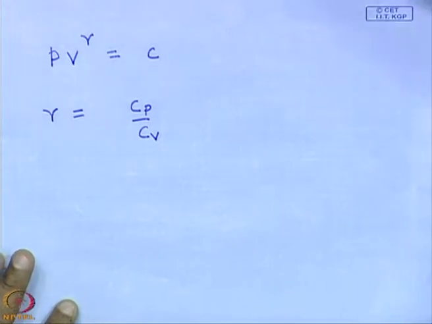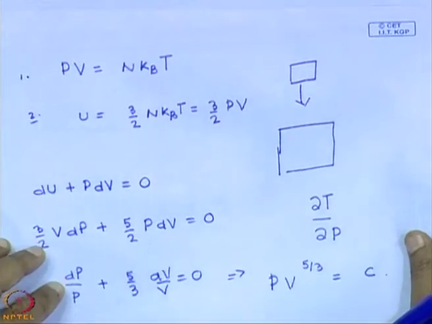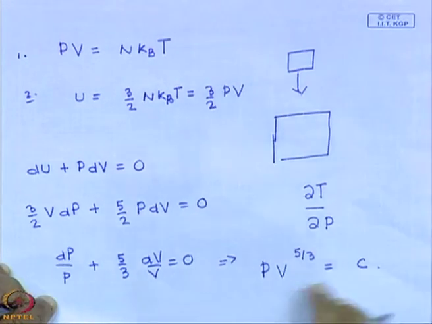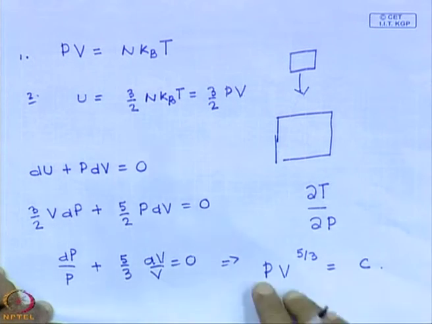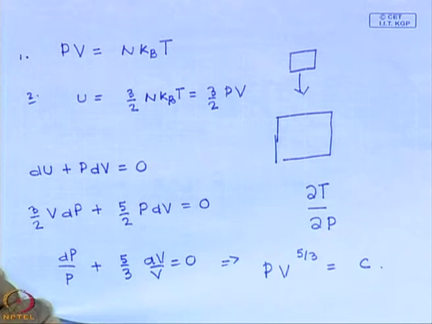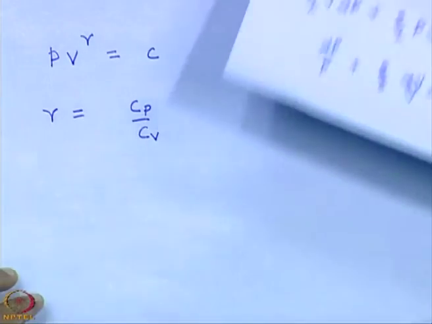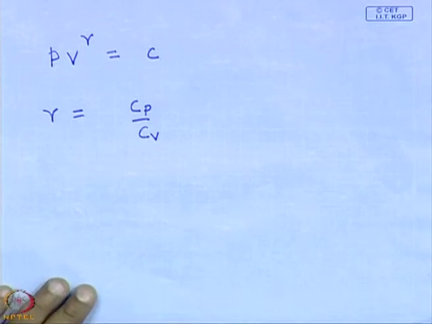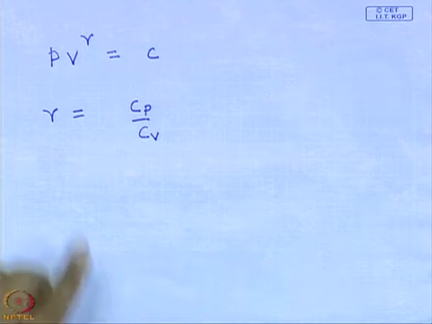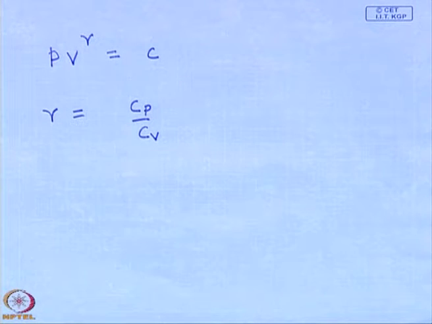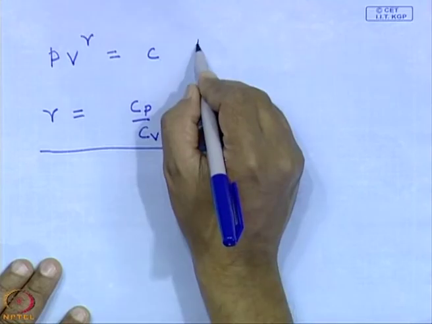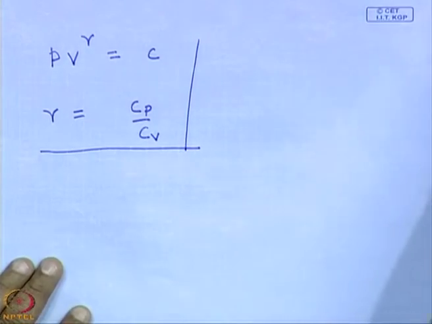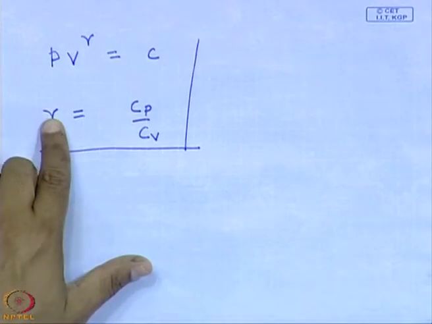For a monoatomic ideal gas, single particles, we have this. This is in general for a general adiabatic transformation, and this is called the adiabatic index gamma.